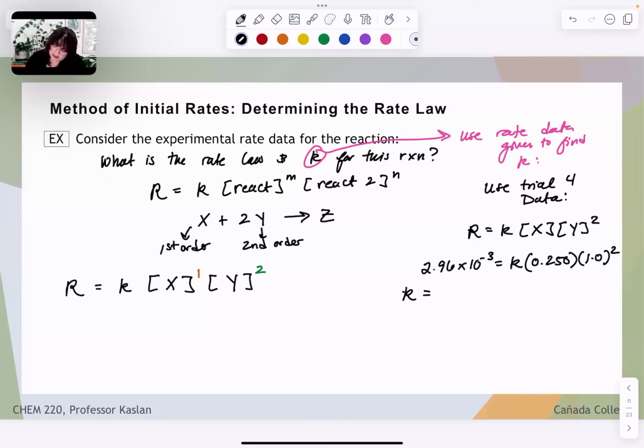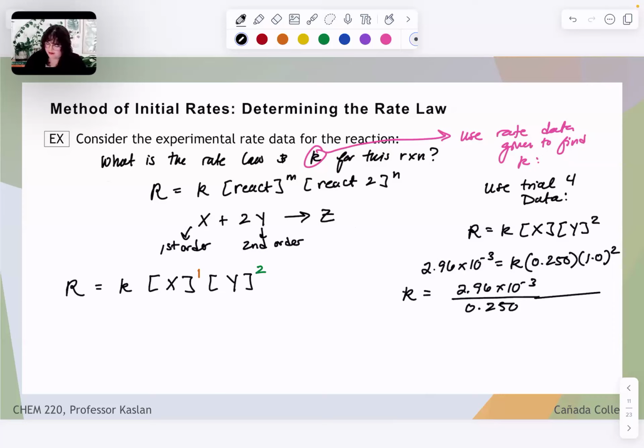Which means that k is equal to 2.96 times 10 to the negative 3 over 0.250. I am going to keep my units because, let's see here, 1.0 squared, that's 1.0 molar squared, and then 0.250, that's molar, so this is molar cubed in the denominator, and the rate is always molar per second.